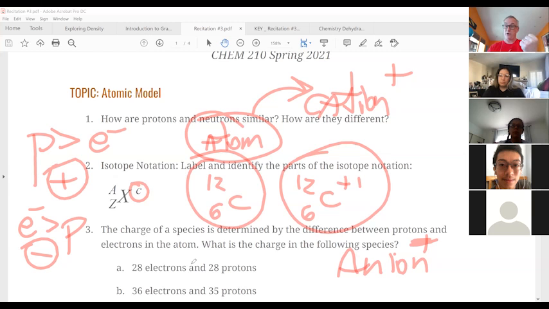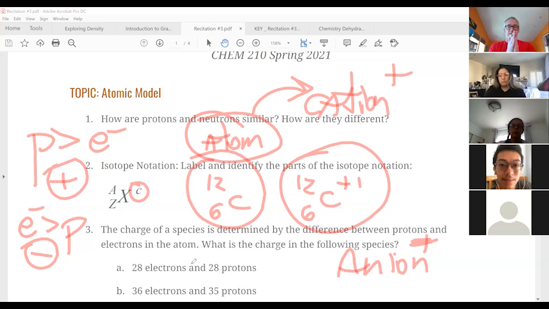They must have one more proton for a net positive charge. And that's true in a sense. I mean, if you have an additional proton, you have an additional positive charge, but you're now a new element.